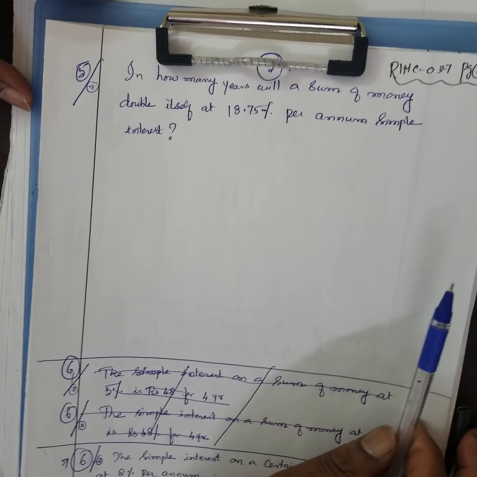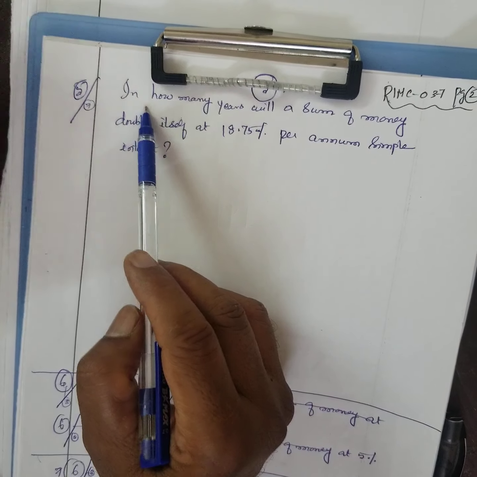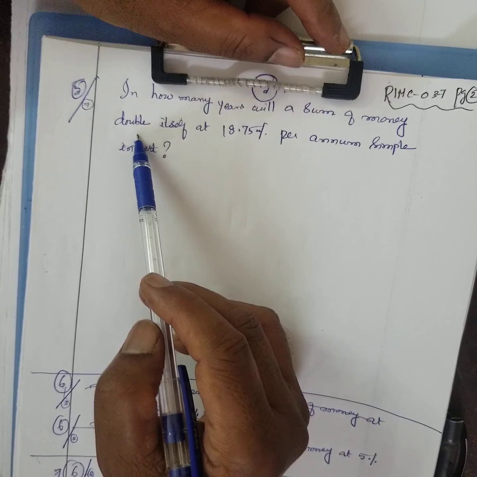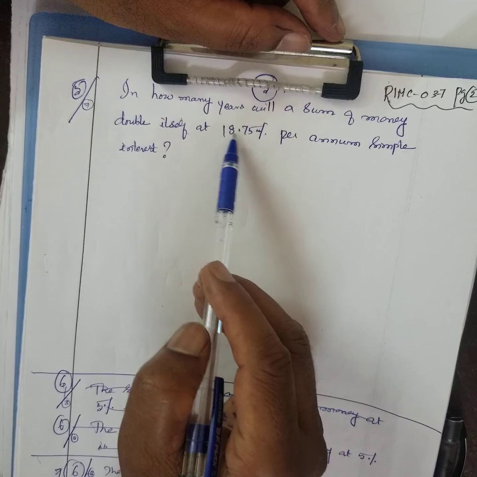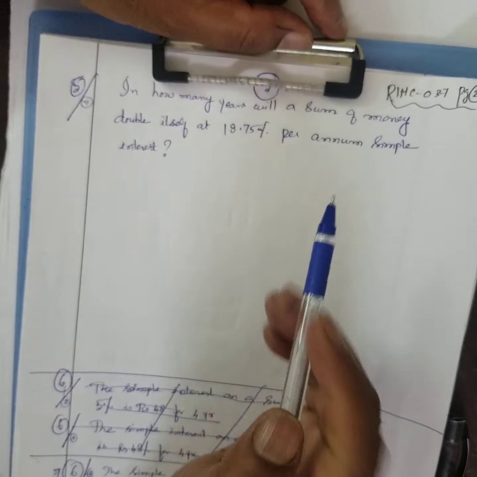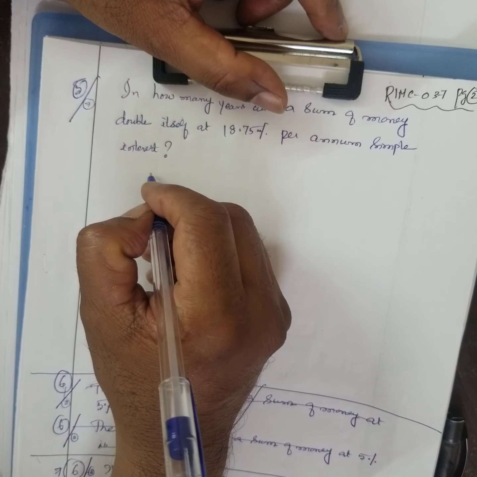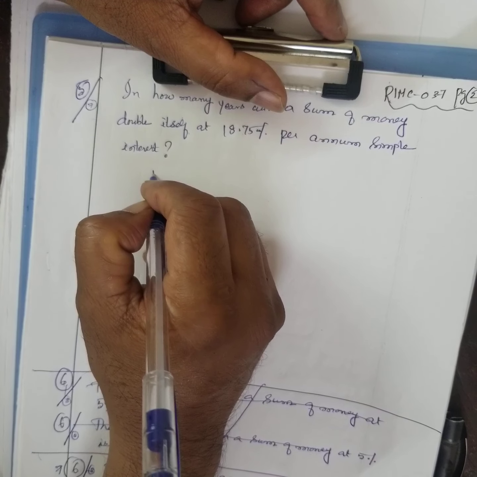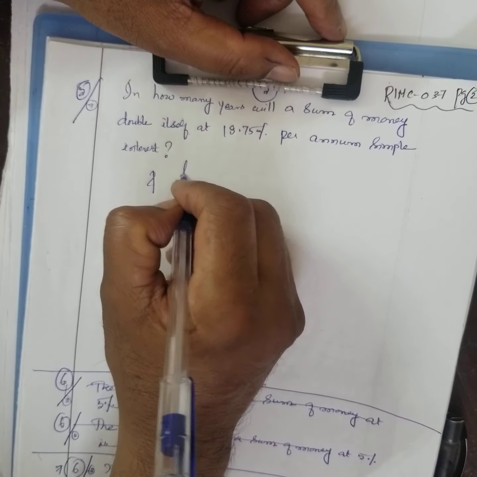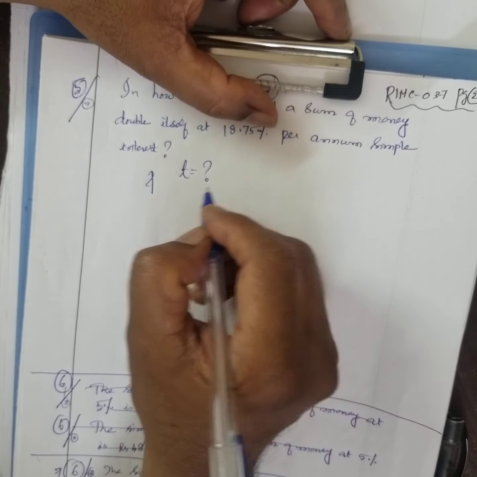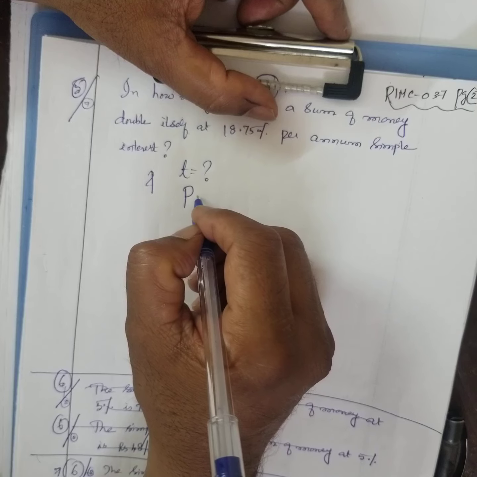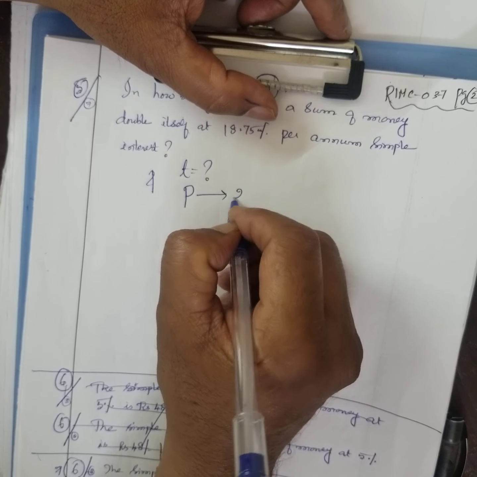Here they are asking you, in how many years will a sum of money double itself at 18.75% per annum simple interest. In how many years will a sum of money, the principal P, become double?